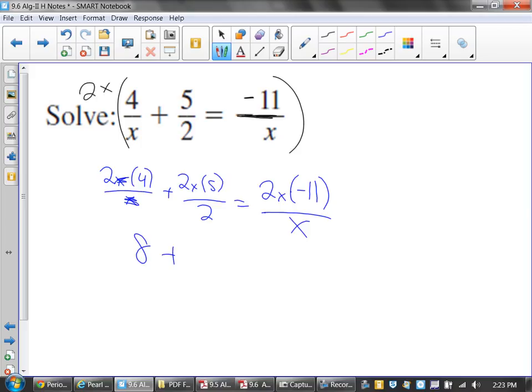The next group, what goes away? You get 5 times x. The last one, what goes away? You get 2 times negative 11, which is negative 22.